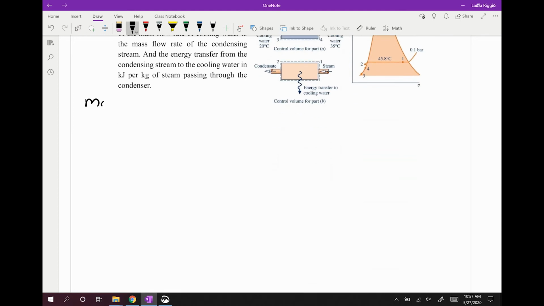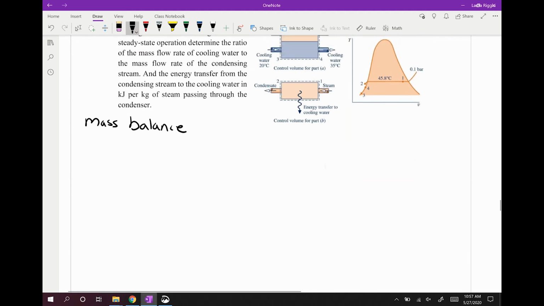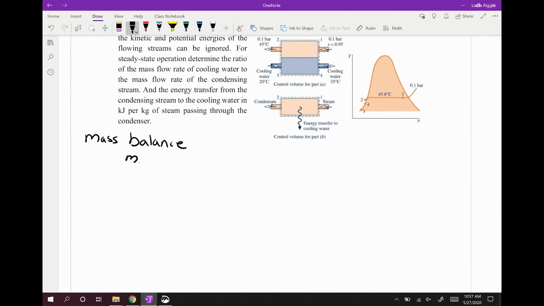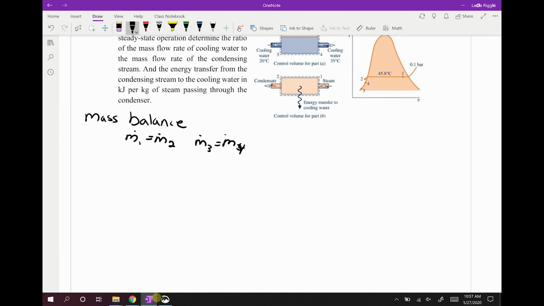So the first thing we have is our mass balance. From our picture here, we have the mass flow rate of 1 is equal to the mass flow rate of 2, and we have the mass flow rate of 3 is equal to the mass flow rate of 4, since these 2 streams remain separate. The ratio of cooling water to the condensing stream is the mass flow rate 3 divided by the mass flow rate of 1.